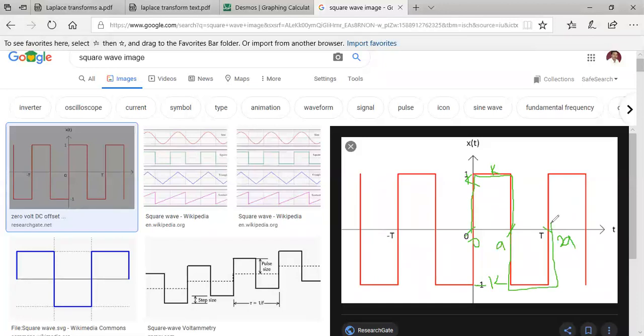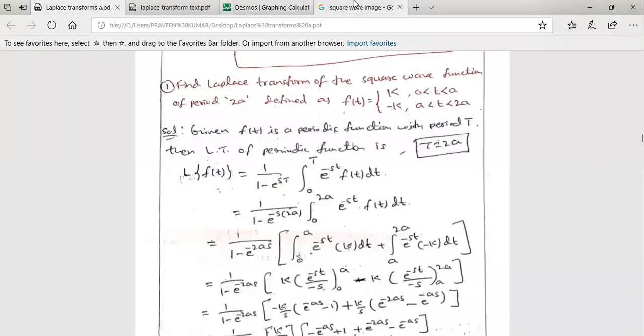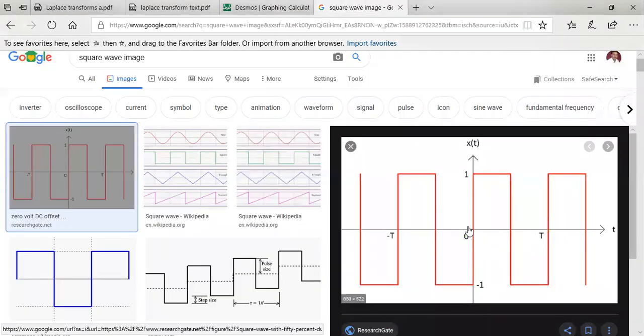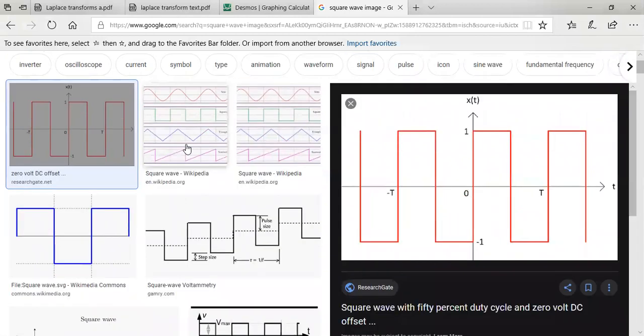If you repeat the same, from 2a to 3a it is plus k again, and then minus k. So it is the same square repeating n number of times. The length of the interval 0 to 2a gives the complete graph, so the period of that function is 2a. This is called a square function, a rectangular function, among many different functions.